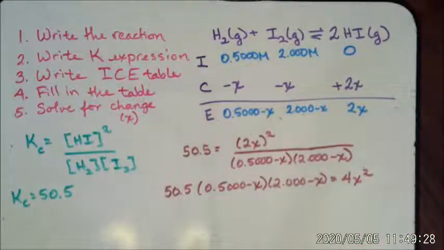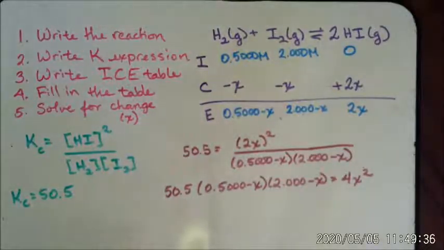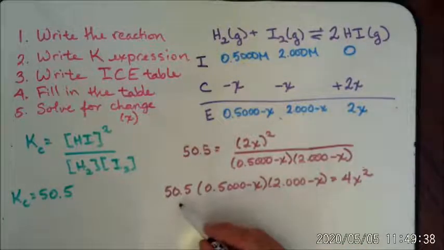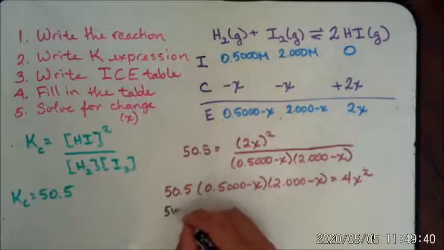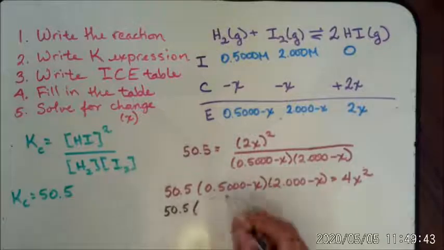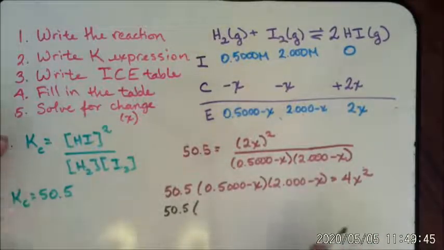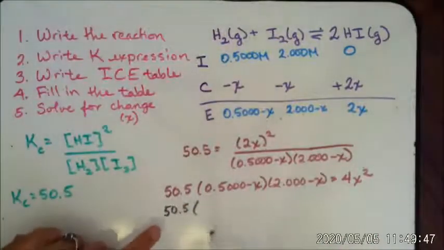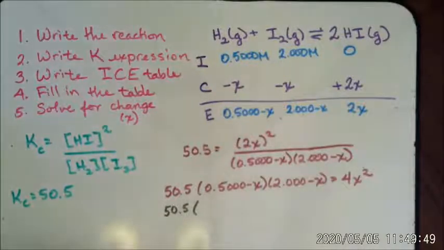Okay, so now the rest is really going to end up being just doing a bunch of math. So let me see what we can do here. So we have 50.5, and I put it in black now because all we're doing now, we've done our chemistry part, and now this is just doing the mathematical part.